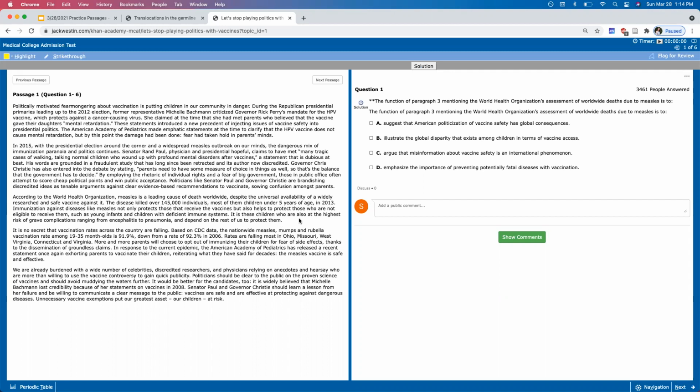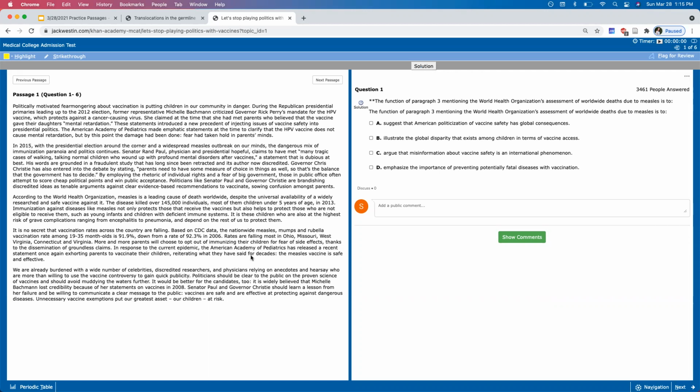Paragraph 3 introduced measles and gave an example that although there is a vaccine for measles, it still kills a lot of people because some people don't take the vaccine. Paragraph 4 talks about how vaccination rates are falling and why that might be. And paragraph 5 talks about what we should be doing, and how politics should or should not be playing a role. So that's what we discussed here.